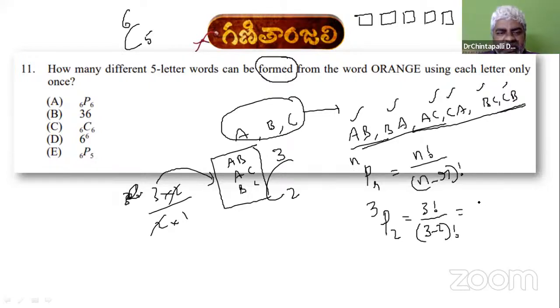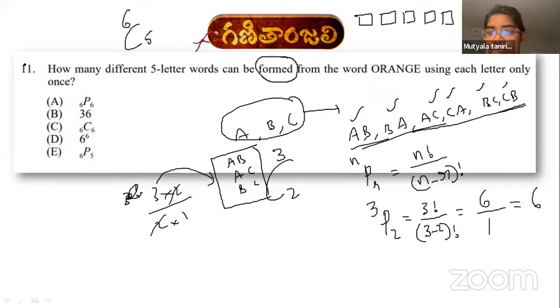What's the value of 3 factorial? 3 times 2 times 1, its answer is 6, sir. By 3 minus 2 whole factorial, 1 factorial, 1. It is equal to 6, sir. That's why there are six choices. So, not choices, 6 arrangements.